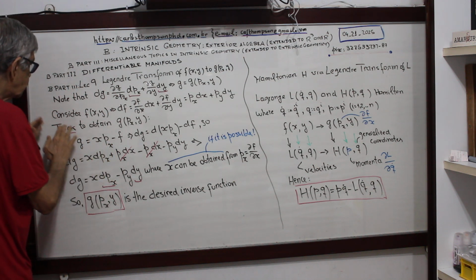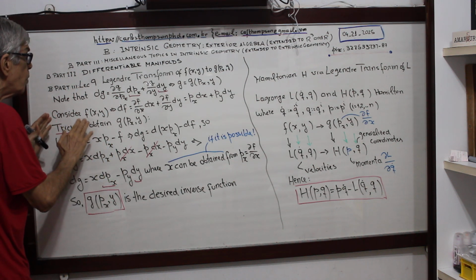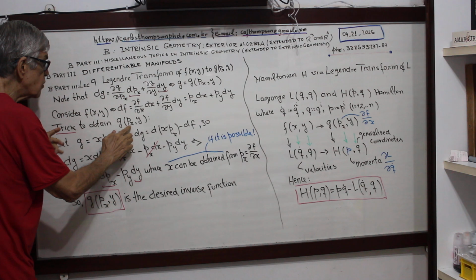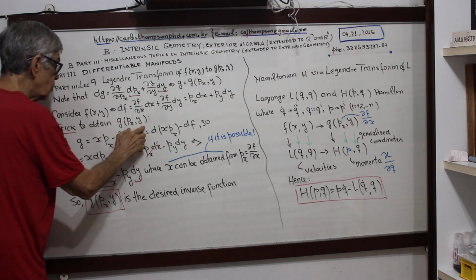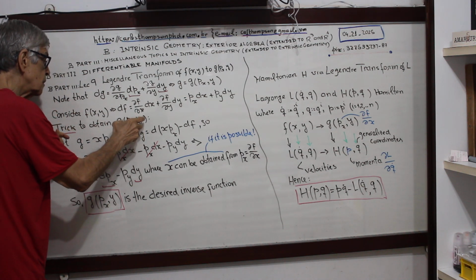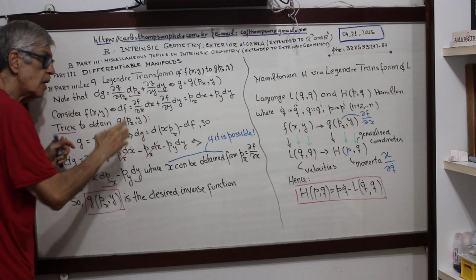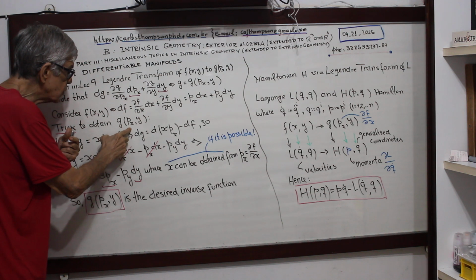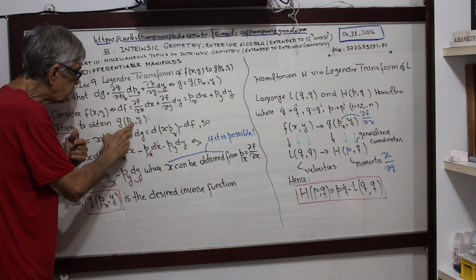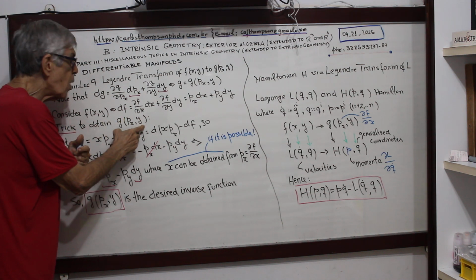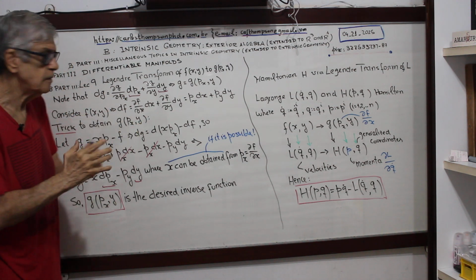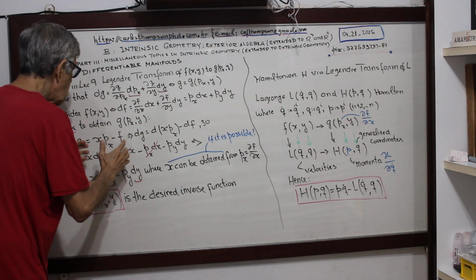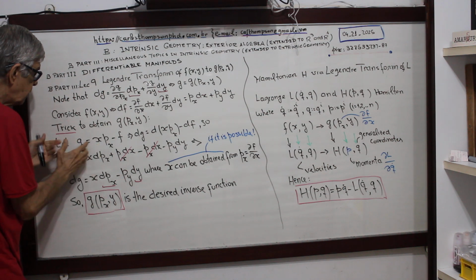Now, the trick. To obtain g as a function of px and y, that's what I want. You see later why I want this, a function only of px, while y remains fixed. Now, that's the trick.